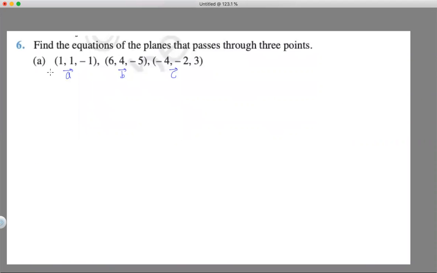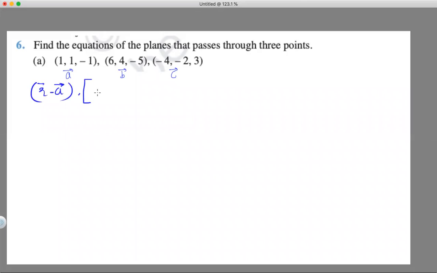Find the equations of the plane that passes through 3 points. Okay, now it is a 3-point form of the equation. What do we do in such a thing? We have to do this, right? If you remember, r minus a vector into a cross product.